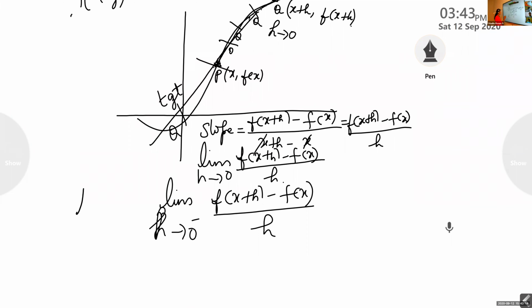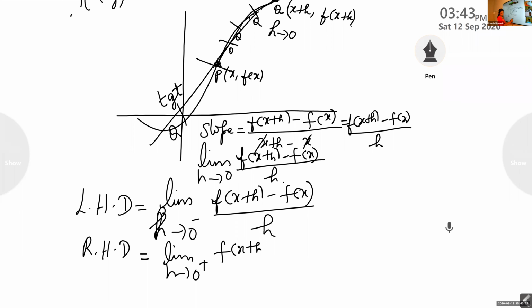This we call the left hand derivative. Likewise, the right hand derivative is limit h tends to 0 plus of f of x plus h minus f of x by h.